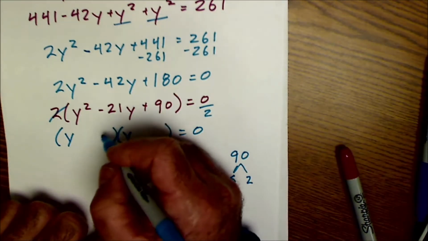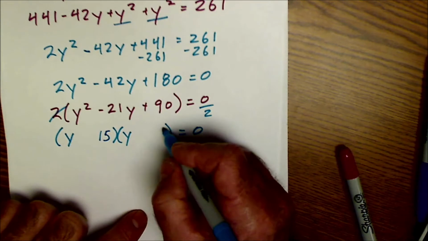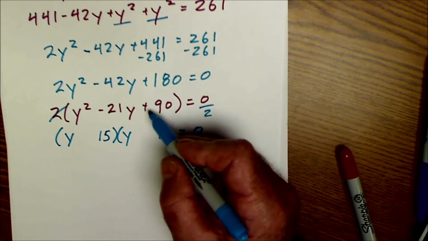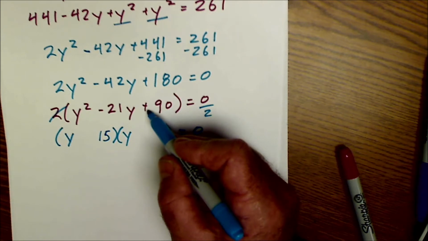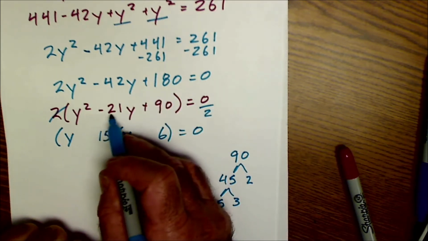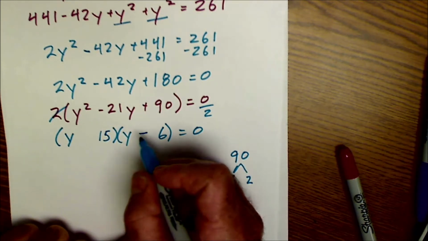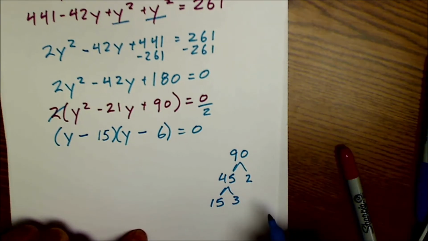So these are the multiples. So I have 15 and 6, factors of 90. Either they both have to be negative to give me that positive 90, or they both have to be positive. I look at this negative 21, and I see that they're both going to have to be negative. So this is negative, and this is negative.